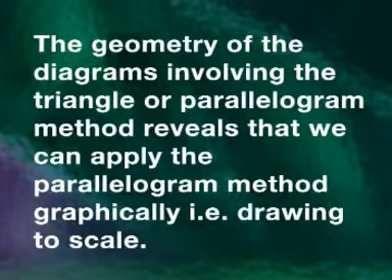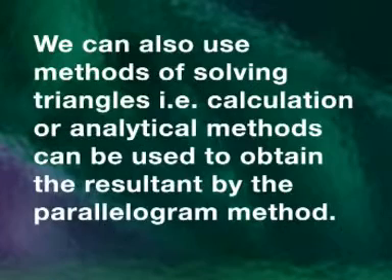The geometry of the diagrams involving the triangle or parallelogram method reveals that we can apply the parallelogram method graphically, that is, drawing to scale. We can also use methods of solving triangles, that is, calculation or analytical method, to obtain the resultant by the parallelogram method.